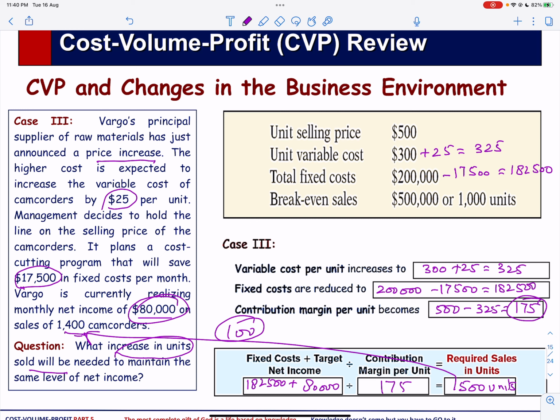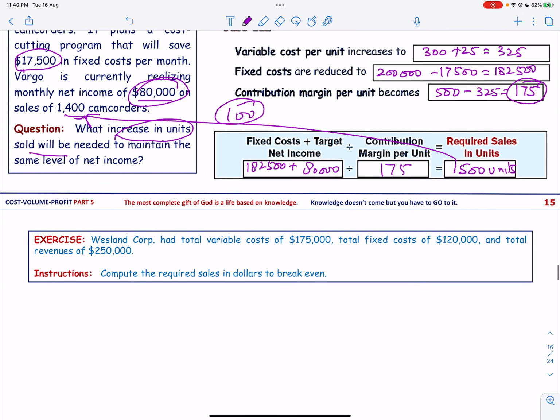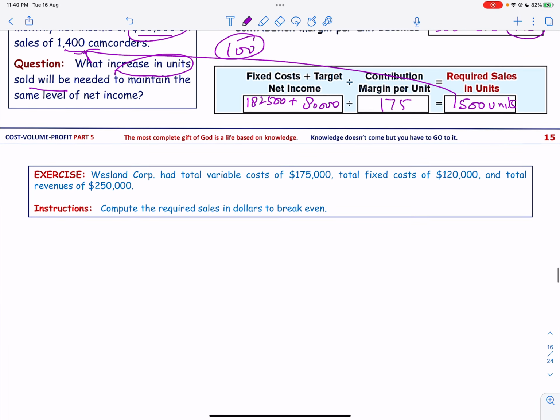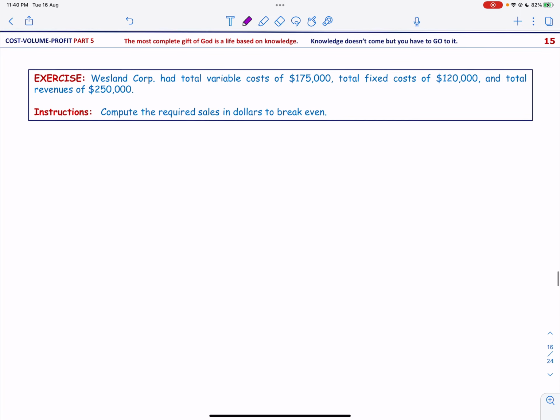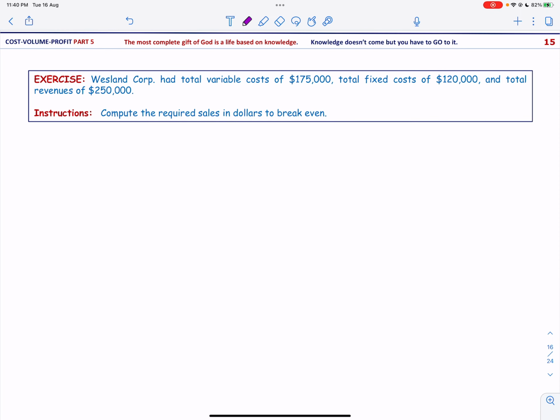Next, let us do some exercises, and the first one is on computing the break-even point. So Westland Corporation has a total variable cost of 175,000. The total fixed cost is 120,000 and total revenue is 250,000. Compute the required sales in dollars to break even. So we have to first calculate the contribution margin ratio, and that is contribution margin divided by sales.